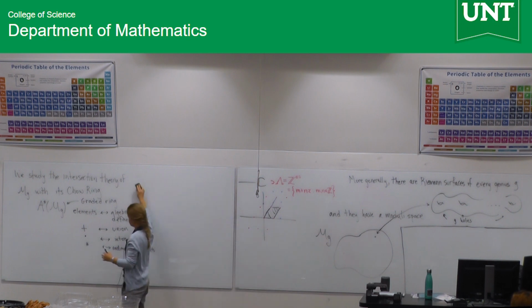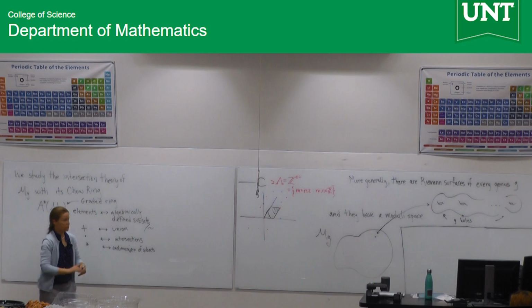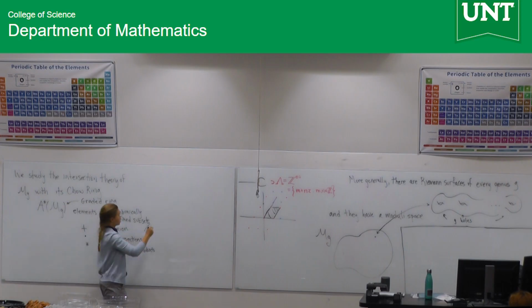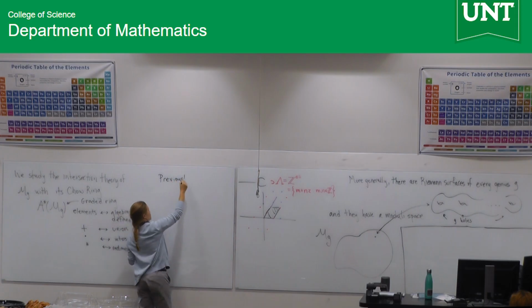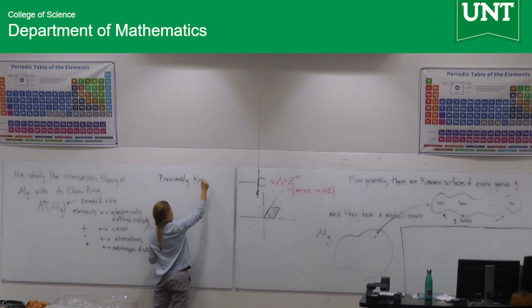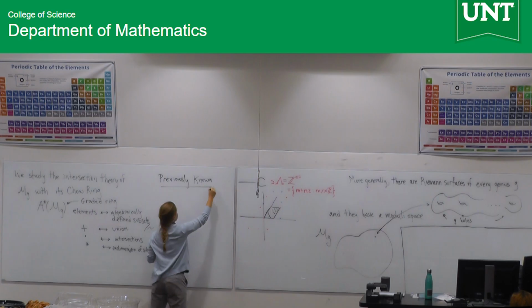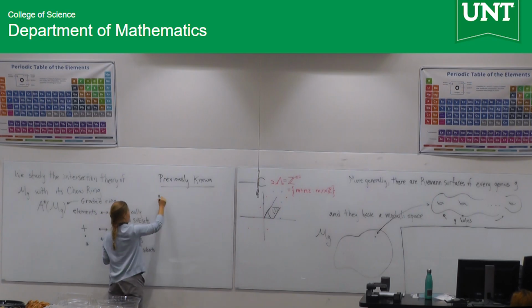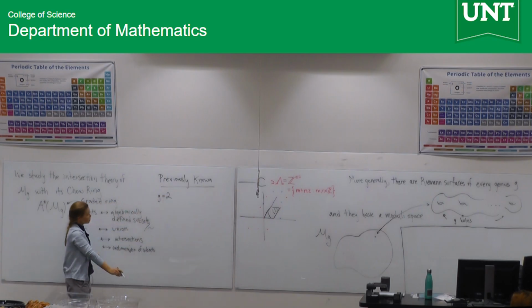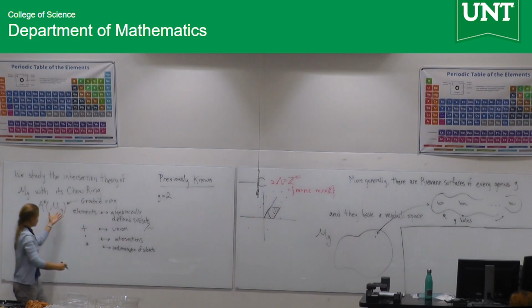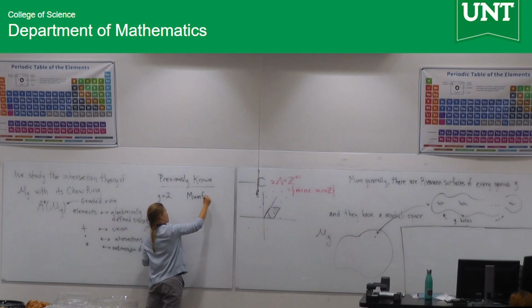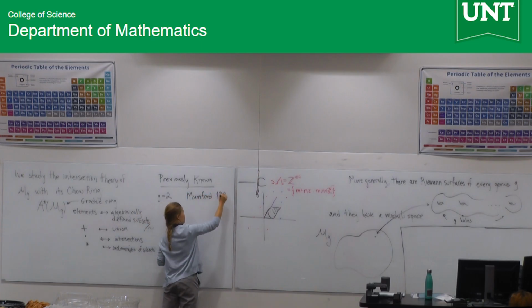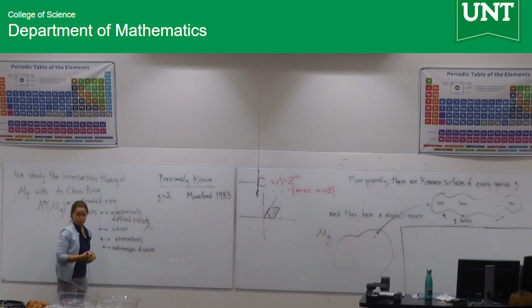So I'll tell you what was previously known about the intersection theory of M_g. So when g is 2, this Chow ring was determined by Mumford, back in 1983.